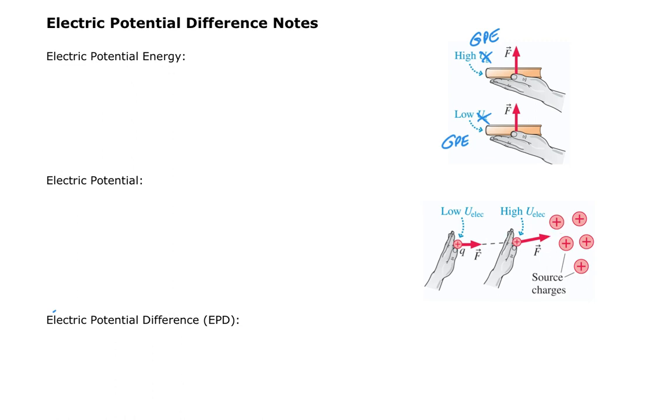So what do we want to put in our notes to help us remember and understand that? Well, first thing we want to put in is that moving a mass to a high GPE requires work. And remember from our energy unit, work is just a force times a distance. We also know from our unit on energy that work is a change in energy.